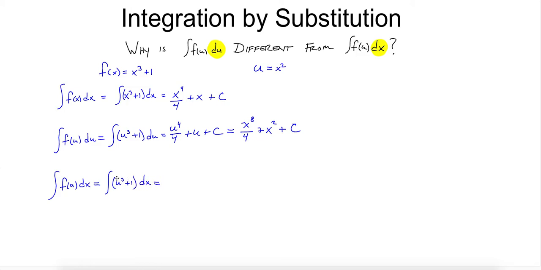So really, we need this to be in terms of x before we take that antiderivative. So that means that we're going to get the antiderivative of x to the 6th plus 1. And now we're taking that antiderivative with respect to x. That ends up giving us x to the 7th over 7 plus x plus c.